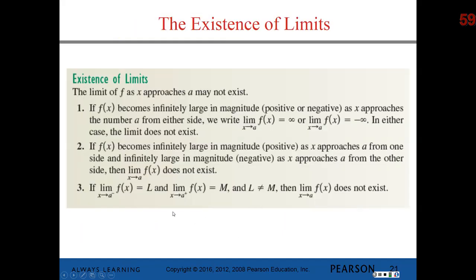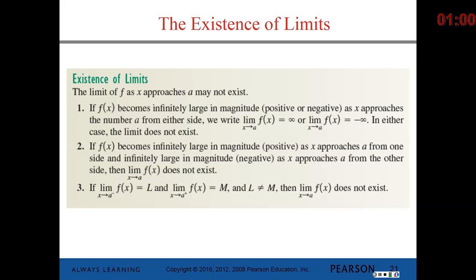So basically, these are the rules, and I'm going to put them again in English. If f of x becomes infinitely large in magnitude, positive or negative, as x approaches any number a from either side, we say that it either approaches infinity or negative infinity, depending on whether it goes up or it goes down.